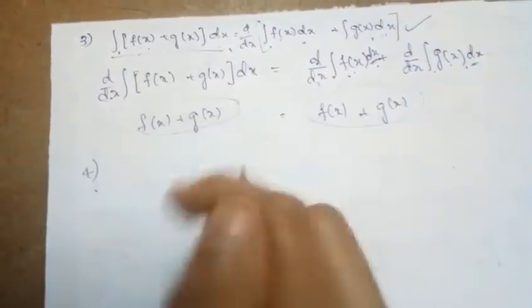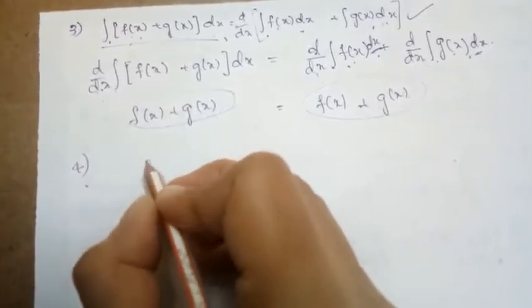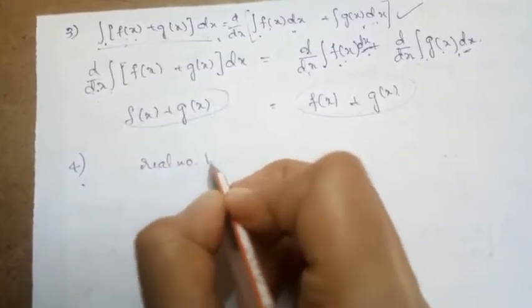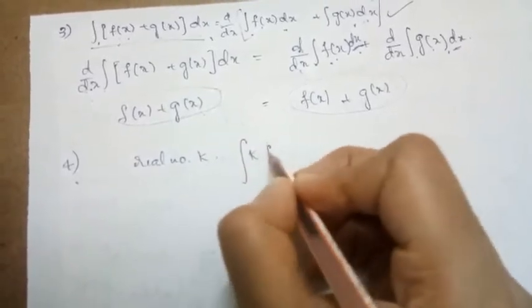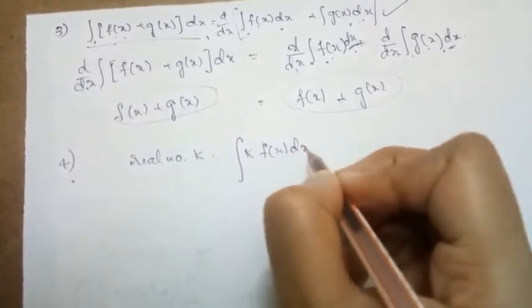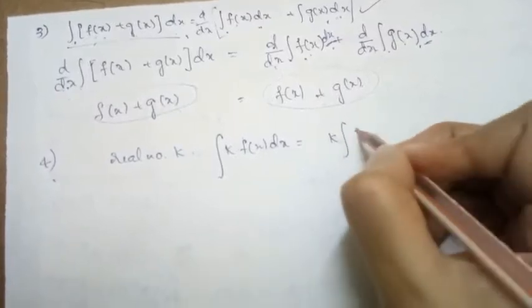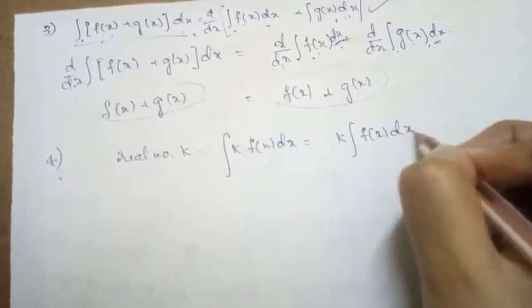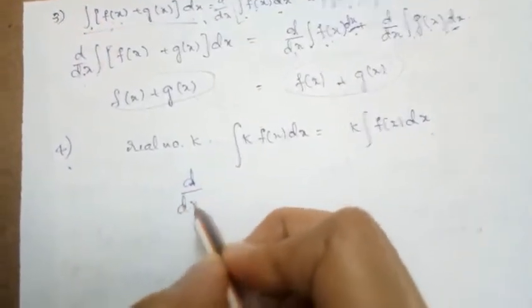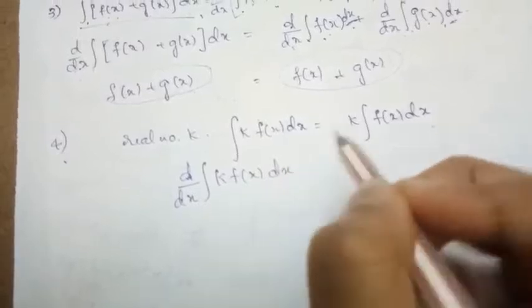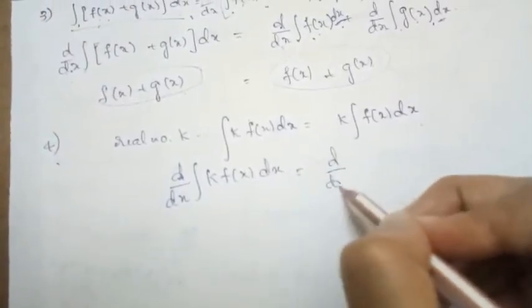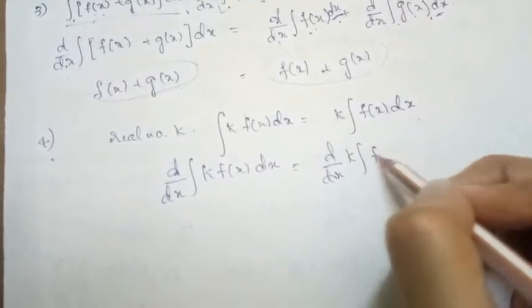Similarly, for the linearity, if I consider any real number, say k, then the integration of k f of x dx is equal to k times the integration of f of x dx.